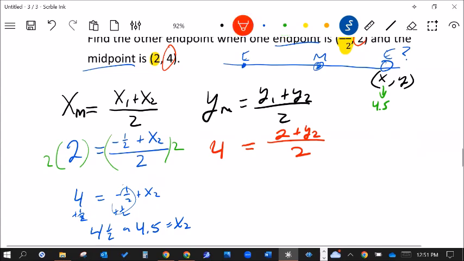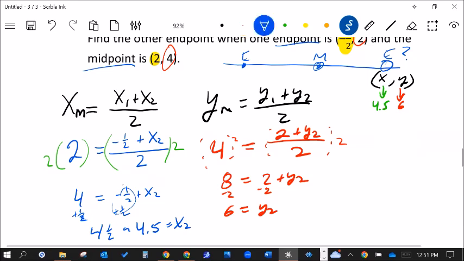Now let's do the other one. I'm going to multiply both sides here by the 2. That gives me 8 equals 2 plus y sub 2. Subtract 2. 6 equals y sub 2. So that means that's 6. So our actual answer for this is 4.5 and 6.